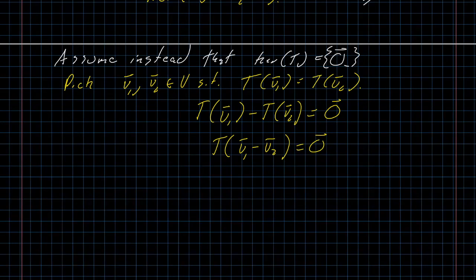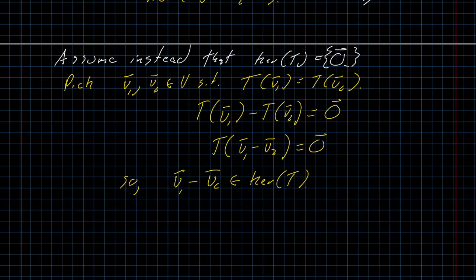And so I have linear transformation acting on thing gives me the 0 vector. By definition, that must mean that v1 minus v2 is in the kernel of t. Right? That's what it means to be in the kernel. Transformation acting on it gives you the 0 vector.